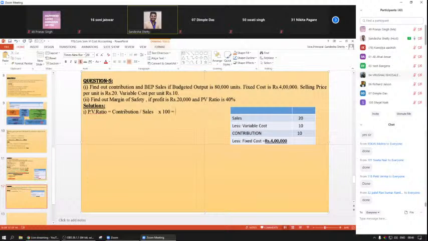Contribution divided by sales into 100, correct? So please tell me, contribution amount, that is 10 divided by 20 into 100. What is the percentage? 10 by 20. Sure, 50%.